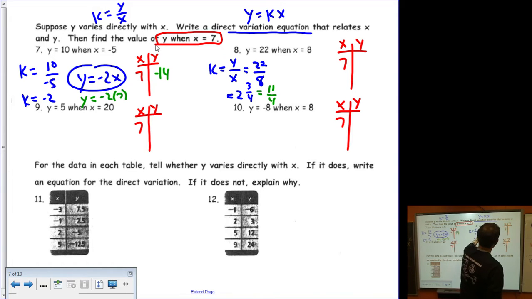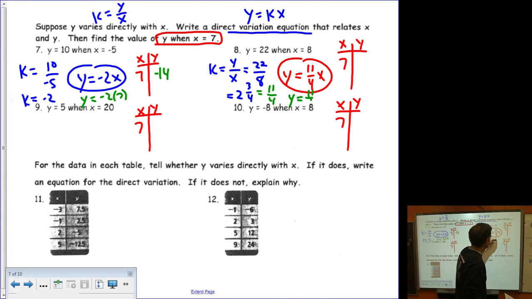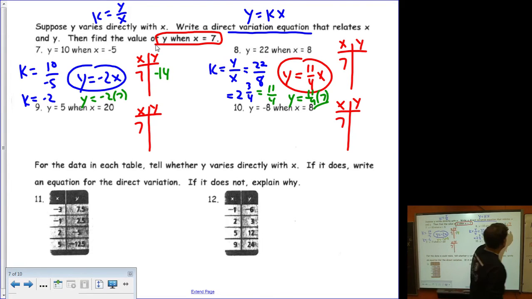So my equation would be y equals 11/4 x. And then to solve for y, I would put 7 in for x. And 11/4 times 7 is equal to 77/4, which is 19 1/4.